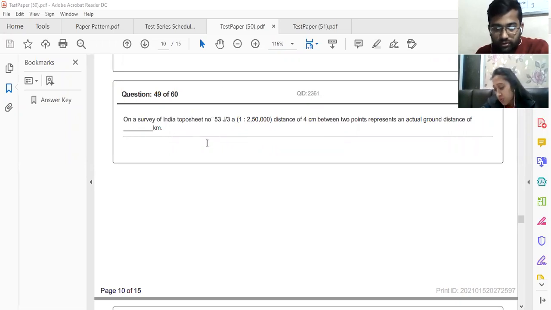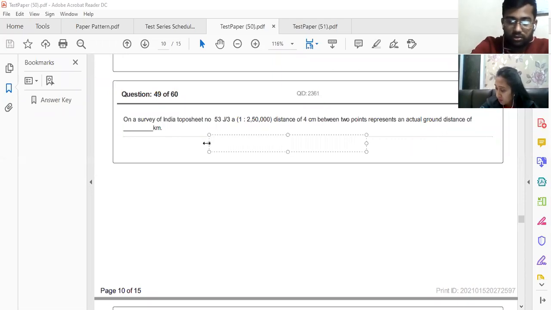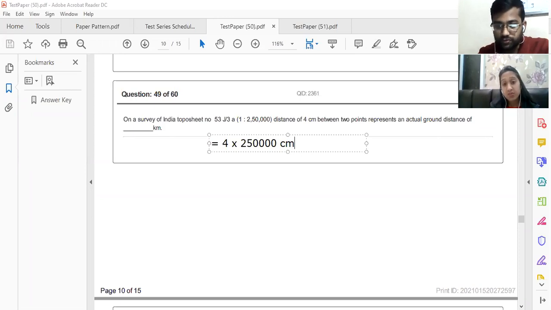So very easy. According to the scale, 1 centimeter on map equals 250,000 centimeter on ground. So 4 centimeter means 4 multiplied by 250,000 centimeter.